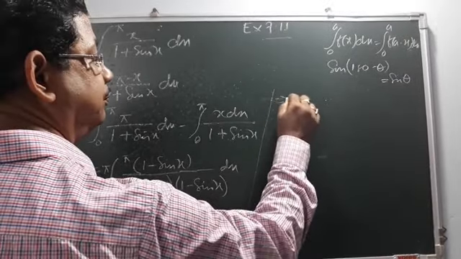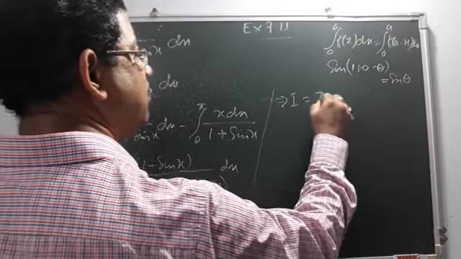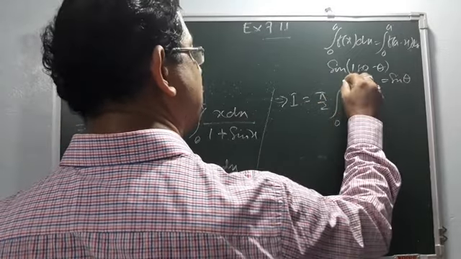Now I is equal to pi by 2 integration 0 to pi.